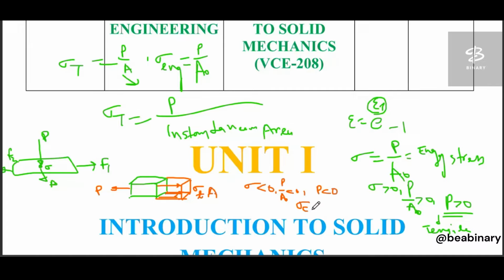Now the fibers of the component tend to shorten due to the external force. A member is subjected to an external compressive force P, and the compressive stress distribution due to the force is shown in the figure here. This is the diagram.